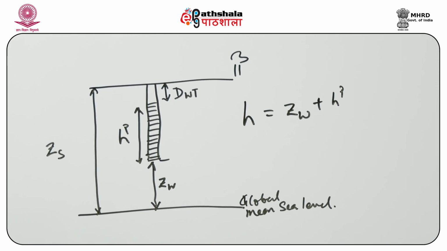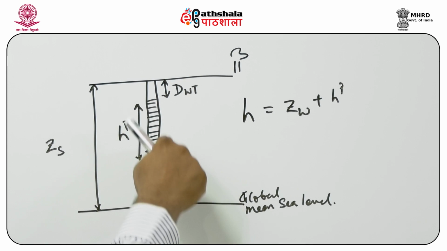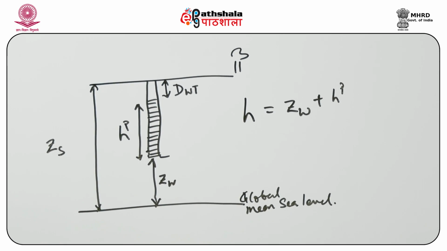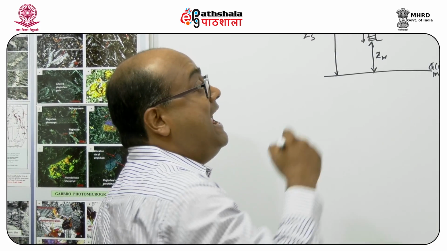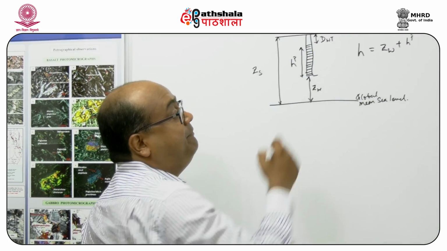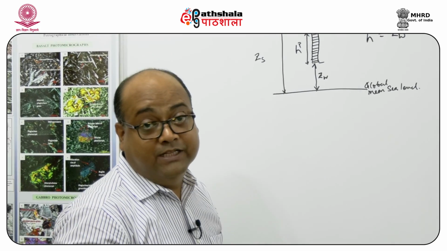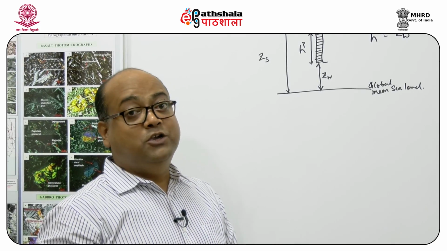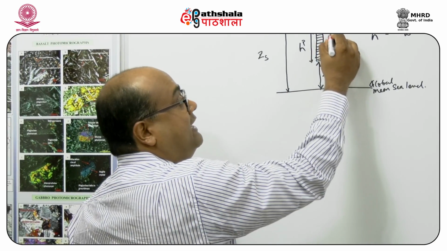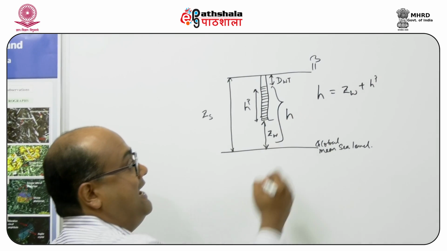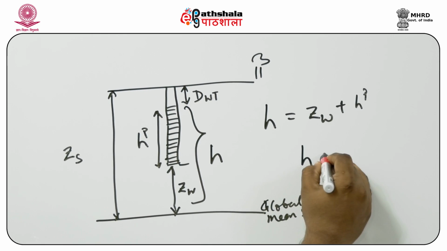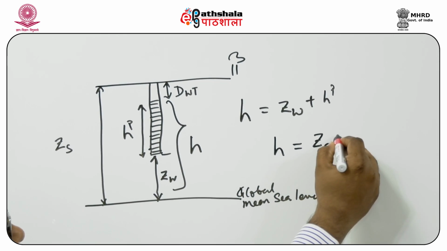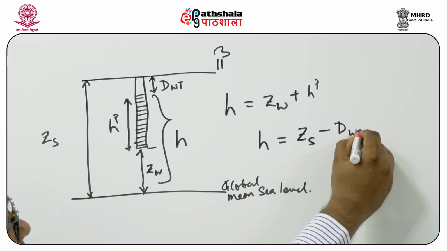Now sometimes it is not possible to get the individual components. So if we know the elevation of the surface and the depth to water table measurements from the well, we can calculate, say this is my hydraulic head H. How do we calculate H? H is basically given by ZS minus DWT.